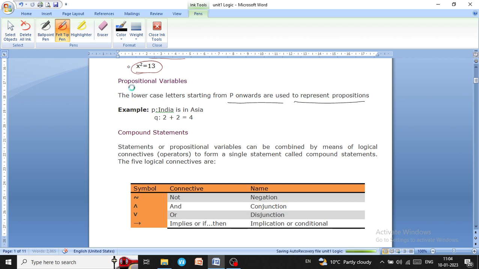That is, propositions are represented by variables such as p.